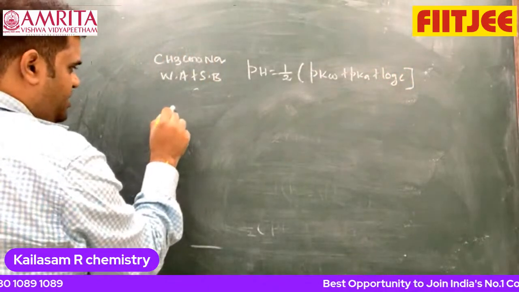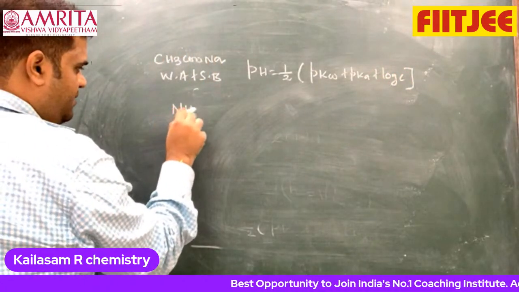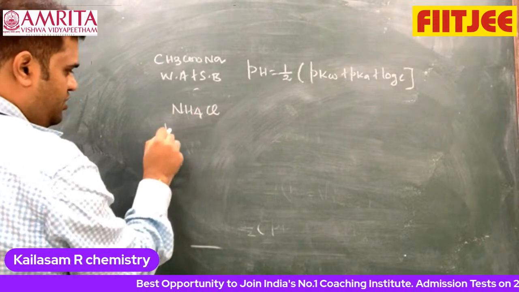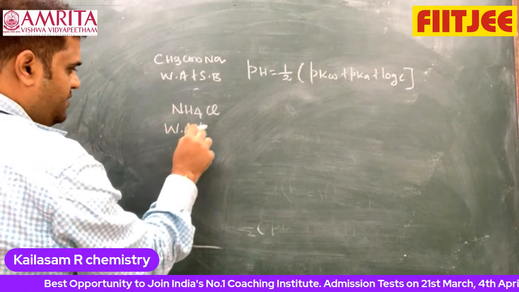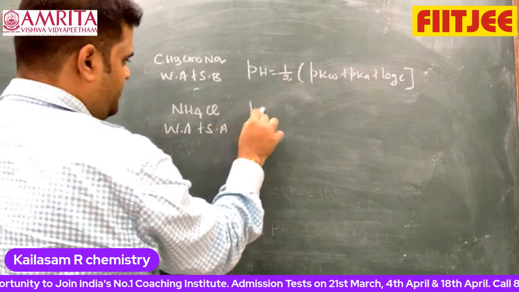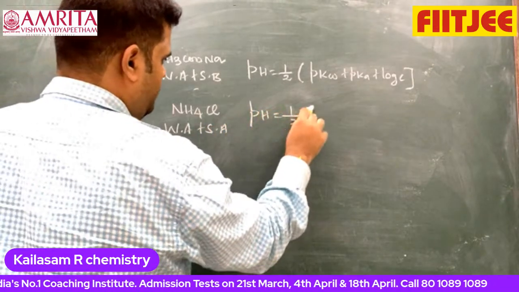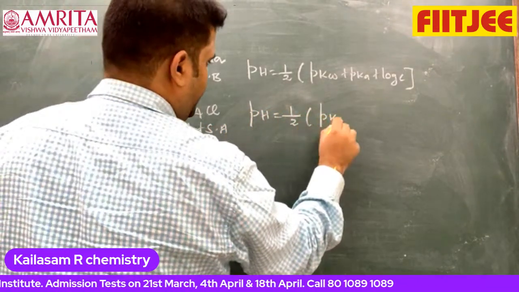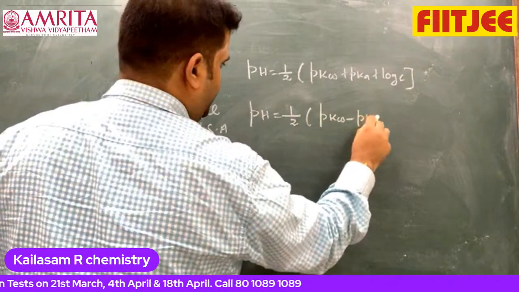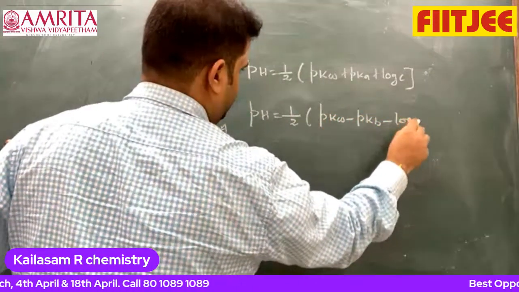What about the combination of weak base plus strong acid, for example NH4Cl? You can say pH is equal to 1 by 2 (pKw minus pKb minus log C).